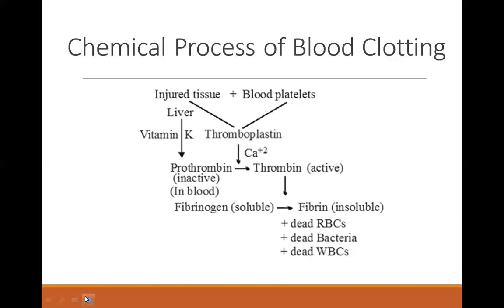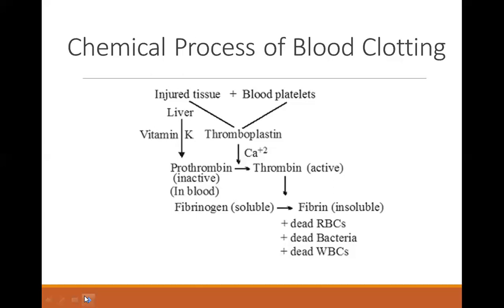Calcium ions can convert inactive prothrombin into active thrombin. Vitamin K helps to produce prothrombin. Prothrombin is not the active form, so it is inactive, and then it will be converted into the active form called thrombin.